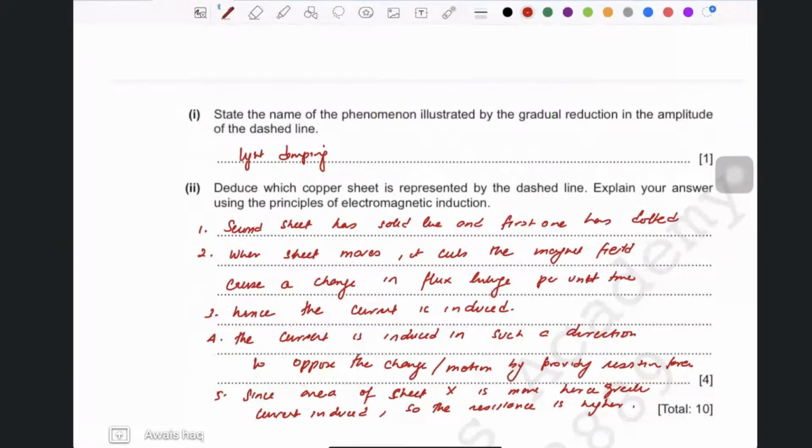No, sir, I'm writing the fifth statement. Okay, you can write it down. No problem at all. So what is the last word in statement 4? Oppose the motion by providing resistive force.